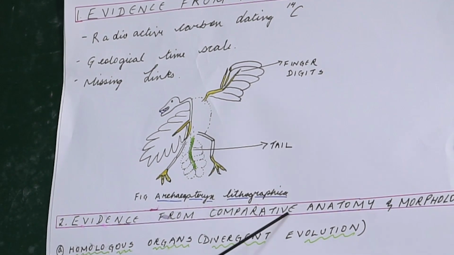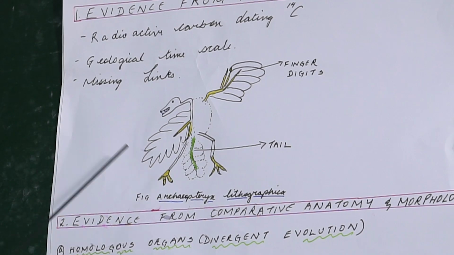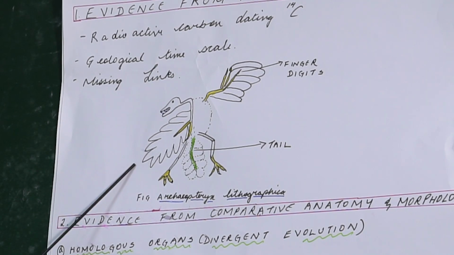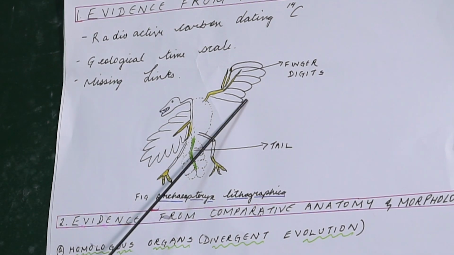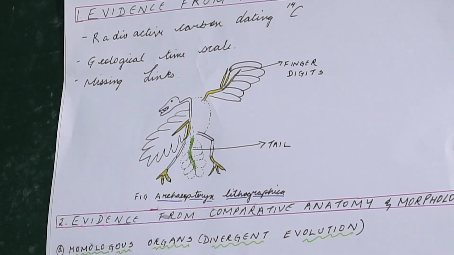Archaeopteryx lithographica. What happened in this fossil was that they found out that it had the characteristics of a bird, which showed beaks, feathers, as well as a wishbone. You have heard of wishbones, right? That is found when you eat chicken and all, you talk about wishbones. There are certain bones that are found only in the birds, okay?